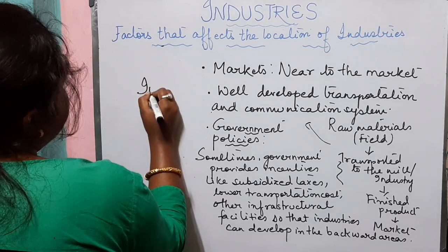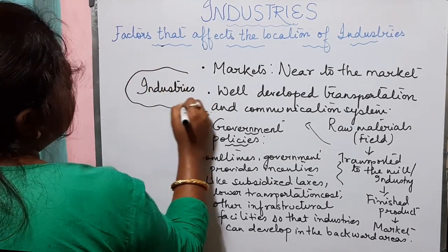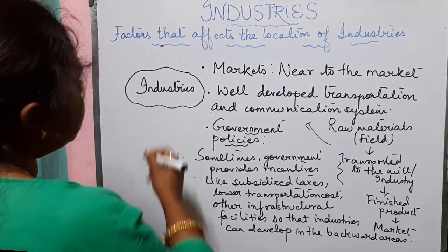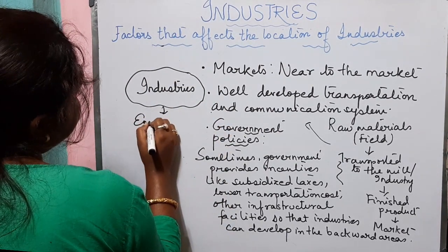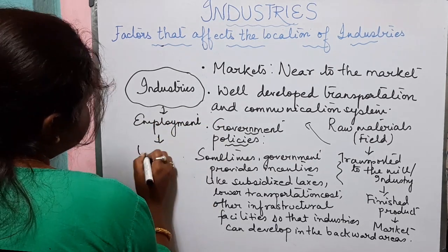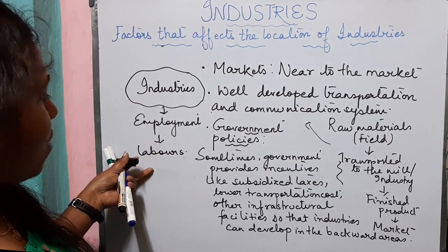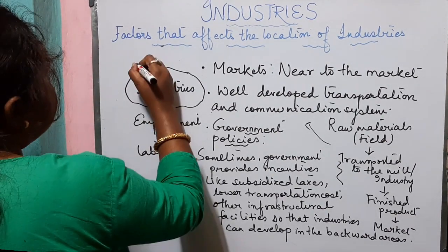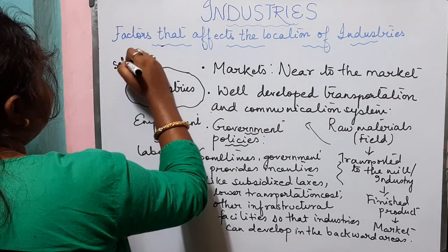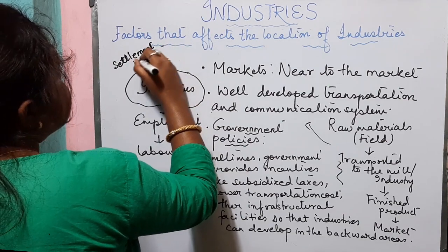Now, in any place where industries start or develop, we will see that it leads to employment opportunities and thus it will attract a large number of laborers. As the laborers get attracted, they will start settling down near the industries and thus it will create settlement.